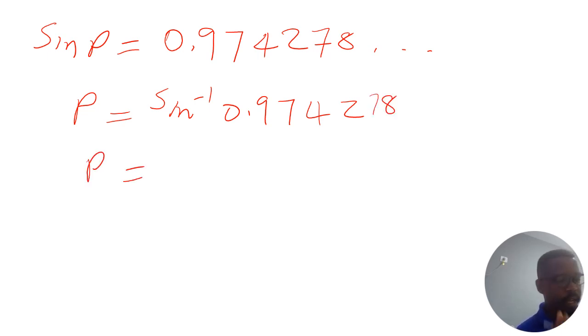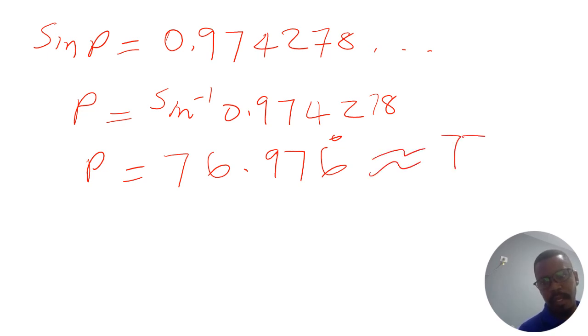If you punch sine inverse of that on your calculator, it will give you that p will be equal to 76.976 degrees, or 77 degrees.